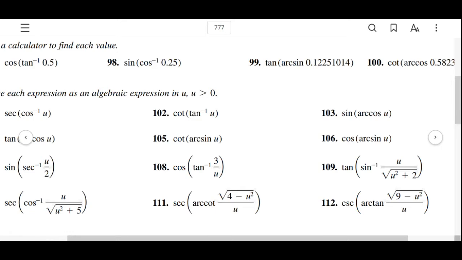Okay, let's see. So someone read 112 to me again. Cosecant of arctangent of square root of 9 minus u squared over u. Okay.